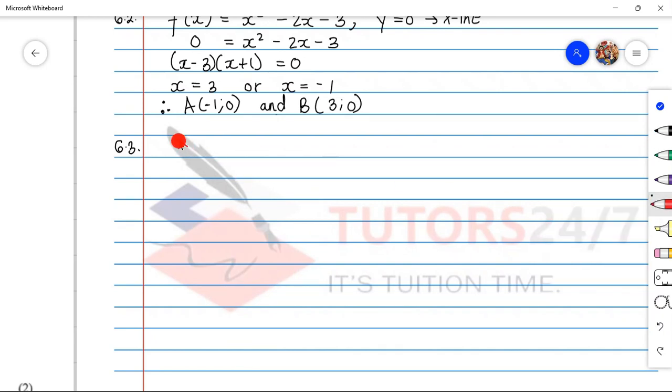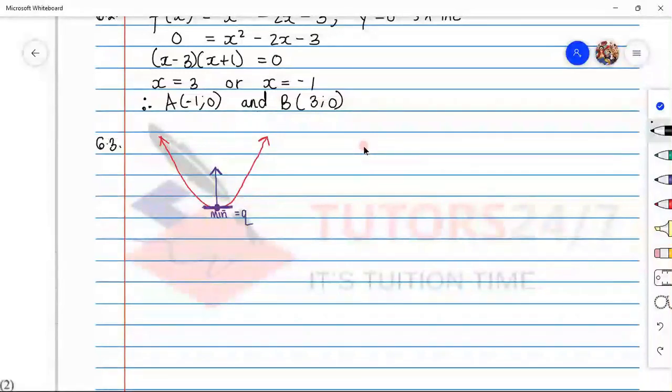So this is our function f, and this function has a minimum value at our turning point, which is our q value. Now, our range represents from our minimum value all the way going up. So we will start by finding the q value.